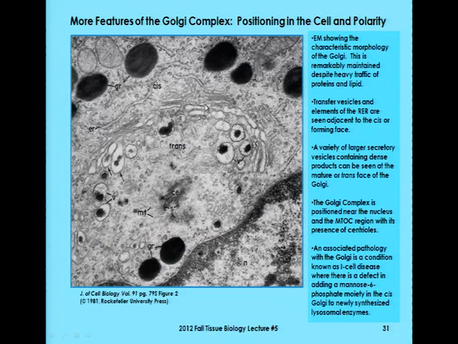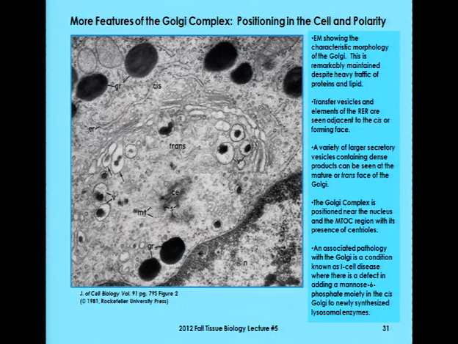There's heavy traffic of protein and lipid. At the cis side of the Golgi, there are transfer vesicles that come from the rough ER and are found adjacent to the cis side of the Golgi. On the trans side of the Golgi, what can be seen are secretory vesicles that have dense secretory product within them.